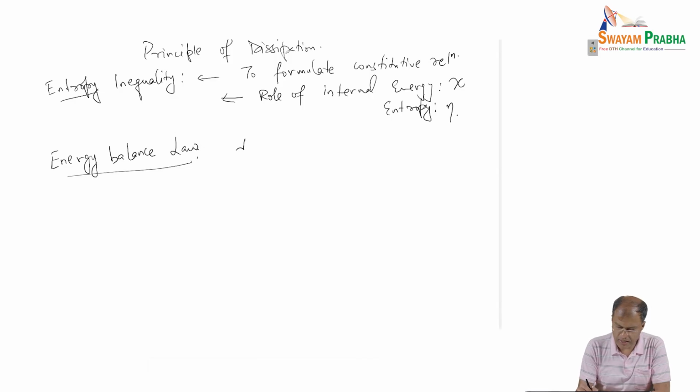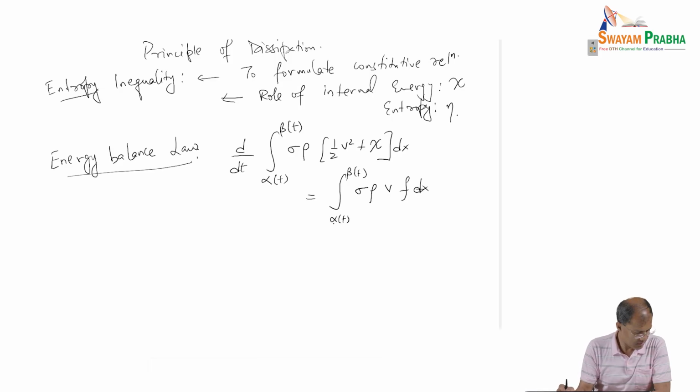Let us now write down the energy balance law. The time rate of change of total energy, d/dt of the integral of rho times half v squared plus chi dx, is the integral from alpha of t to beta of t of rho v f dx, plus v tau evaluated from x equal to alpha to x equal to beta, which is the total change in energy.